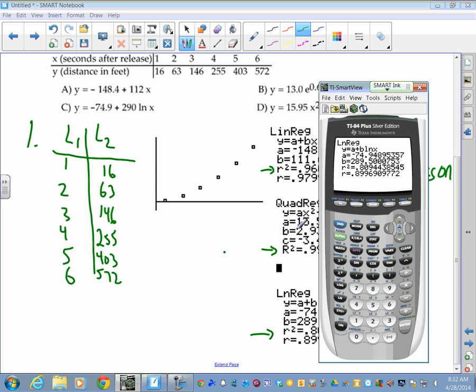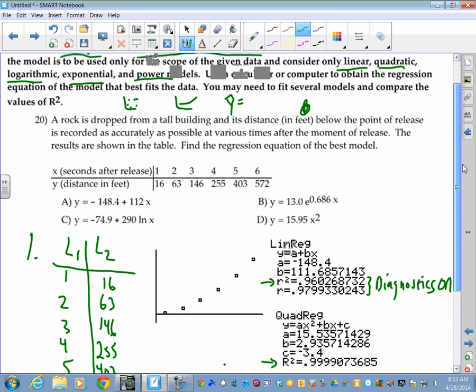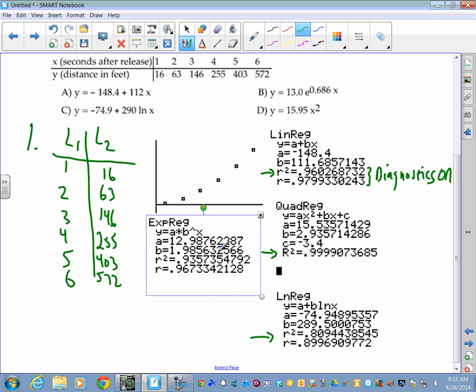Right now you don't on your test, and Form B you will. So stats, calculate, after natural log was exponential. Exponential. Again, there's another r squared.